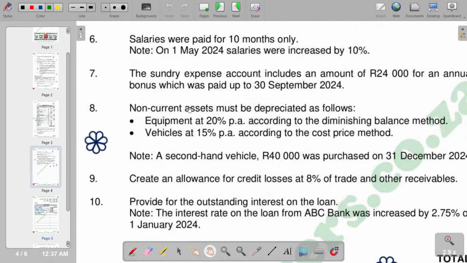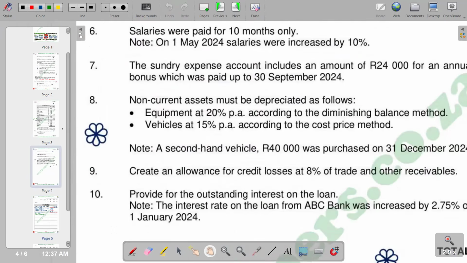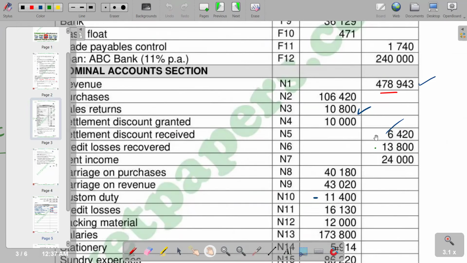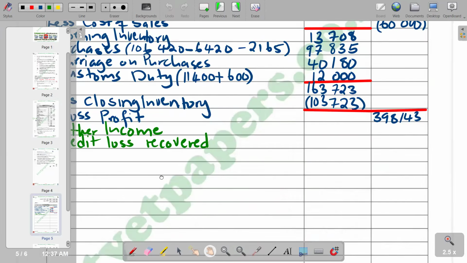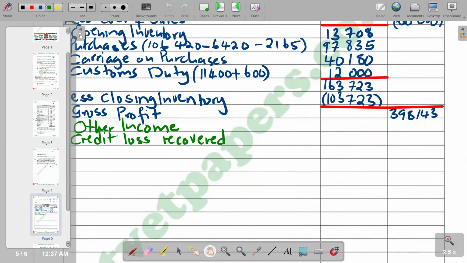Go down, we see that we are not having anything about that. So we take the figure as it is, which we are given as 13,800.